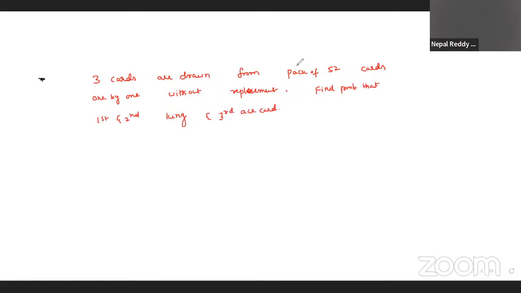This is the question: the probability that the first one is king, second one king, but the third one an ace card.